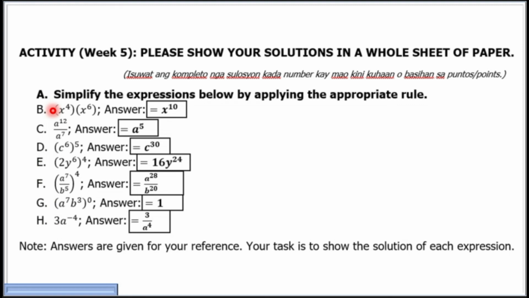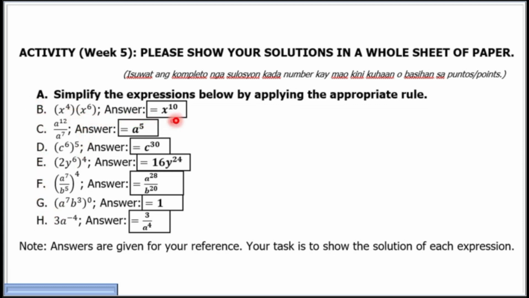I'm sorry, it was automatically edited into bullets. So supposedly this is A or 1, 2, 3, 4, 5, 6, 7.